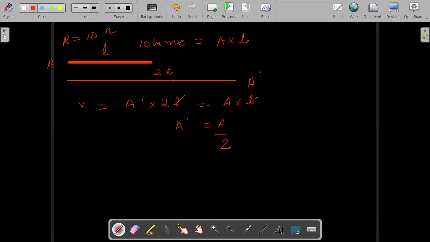So now the length has been doubled and the area has reduced to half. Can I find the new resistance now? Now tell me the new resistance. Obtain the new resistance.